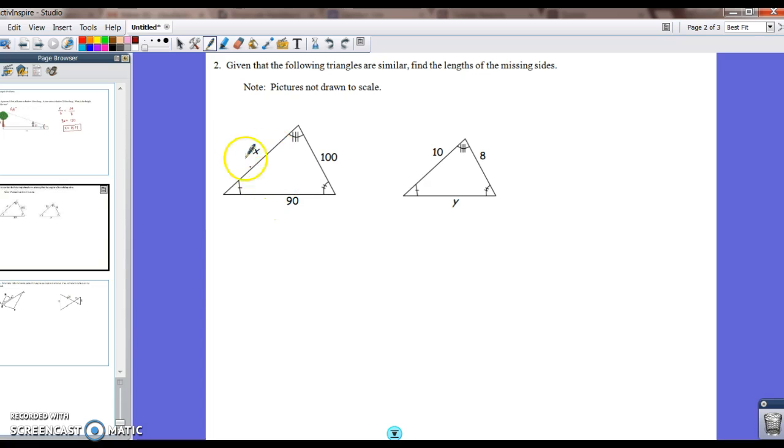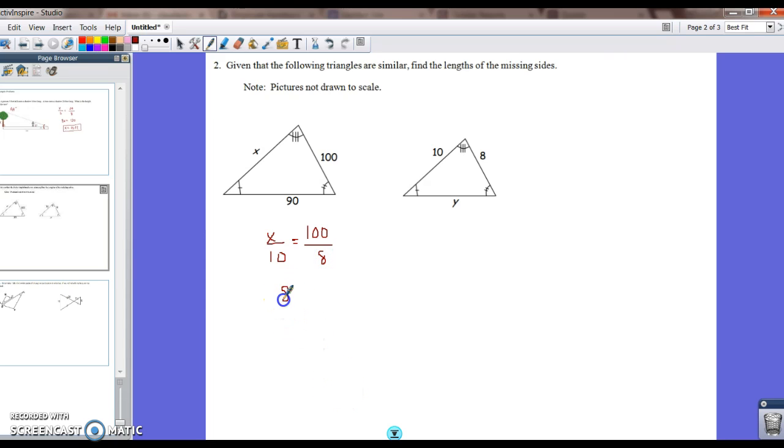So we'll solve for x first. And we know that this side where x is corresponds to 10, right? They're located in the same parts of the triangle. So we can say x over 10 is going to equal, and now the only other pair of sides that I know is this one, 100 over 8.